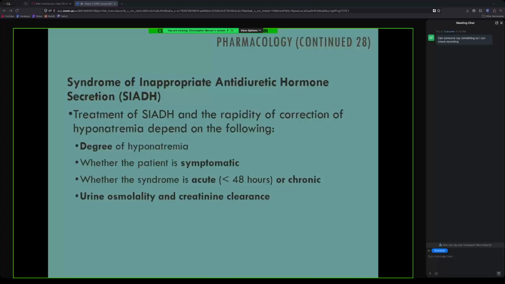If they're having seizures, comas, severe symptoms, then obviously that's going to demand urgent correction. So we always need to know whether this process is acute, and you need to know that for SIADH or the sodium issues, acute defined as less than 48 hours we've been having a problem, or is it chronic?